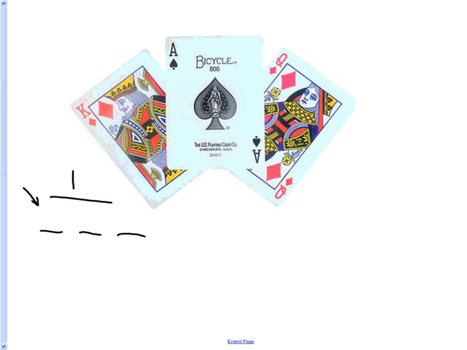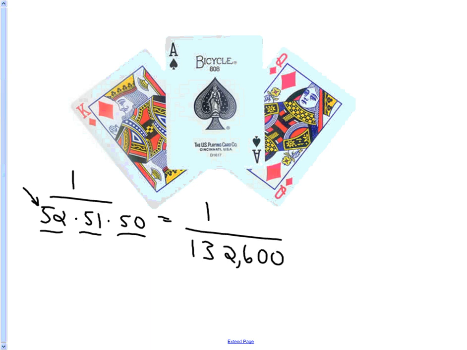How many choices do I have for this first card? 52 cards in the deck times, once I've taken that card out, how many choices now? 51, and the last one, 50. 1 over, it's a very large number. 132,600. So there was a 1 in 132,600 chance you guessed that right. No, nobody's guessed it right. All right.